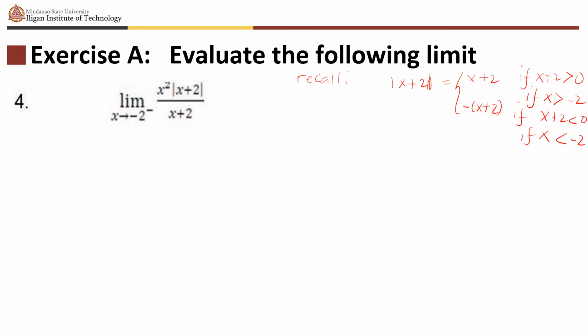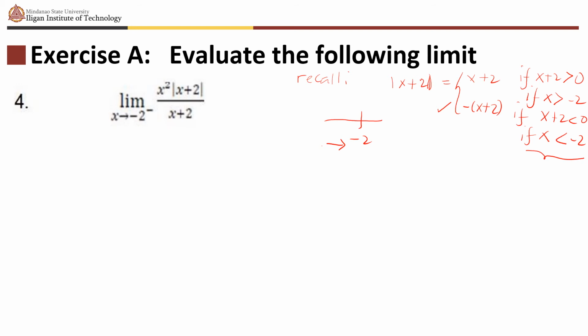So in this case, if this is negative 2, and you're asked to solve for this value as x approaches minus 2 from the left, meaning to say all values less than negative 2, so that we make use of this function here, absolute value of x plus 2 is equal to negative x plus 2.